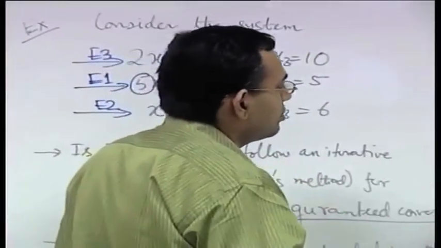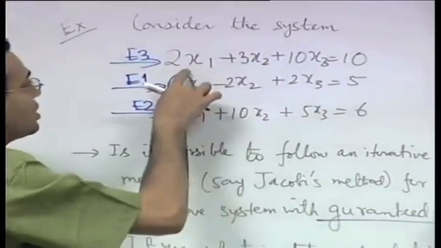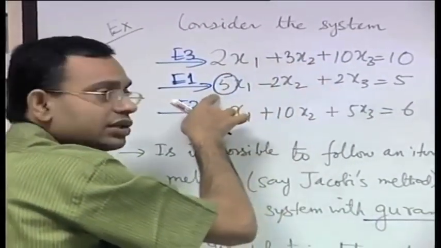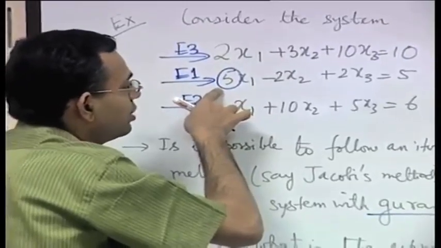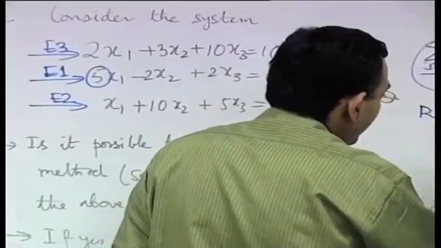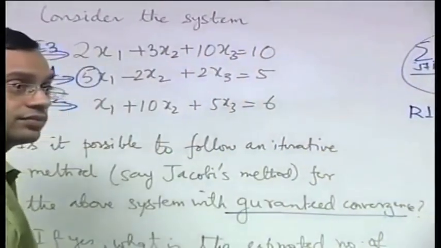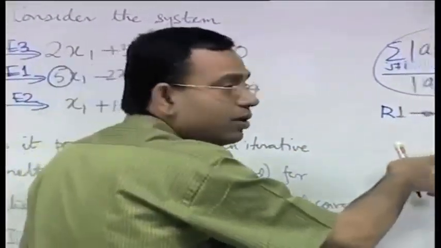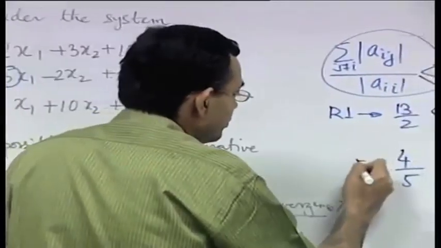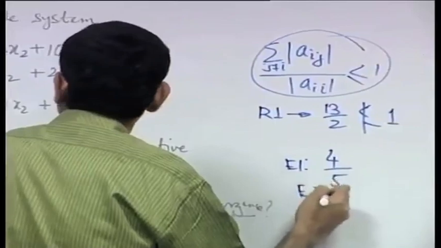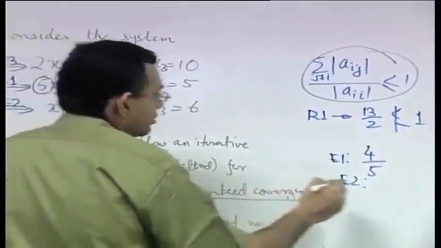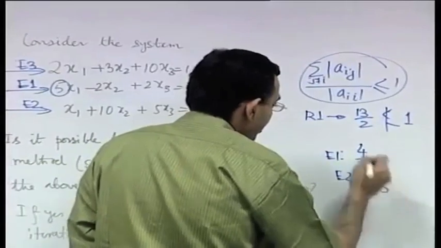So, out of all the rows, what will be the row sum norm? The first row is corresponding to this equation 1. So, that is 2 plus 2, 4, divided by 5, sum of the magnitude of the off diagonal divided by the diagonal. For the second one it is 5 plus 1, that is 6 by 10.